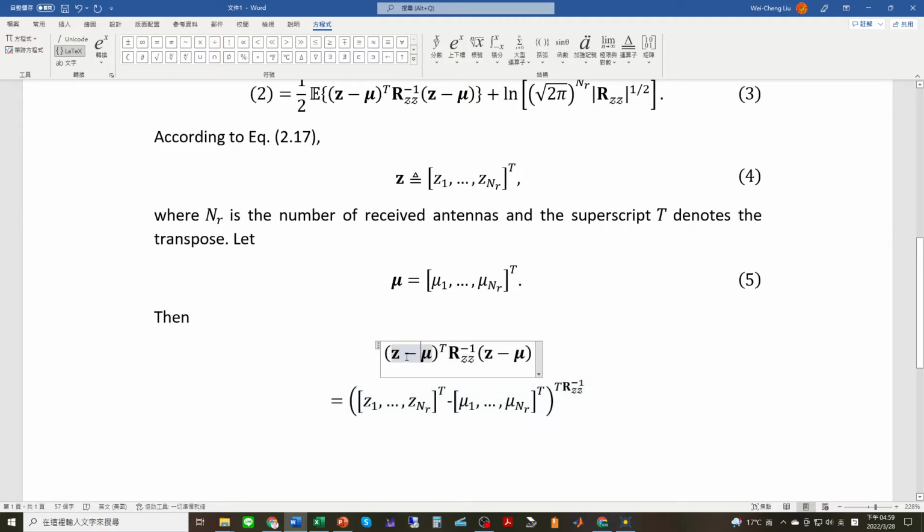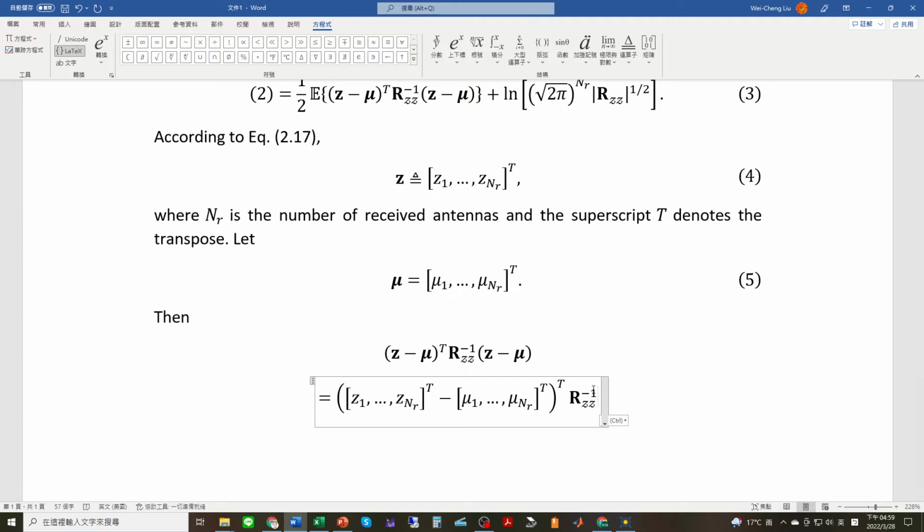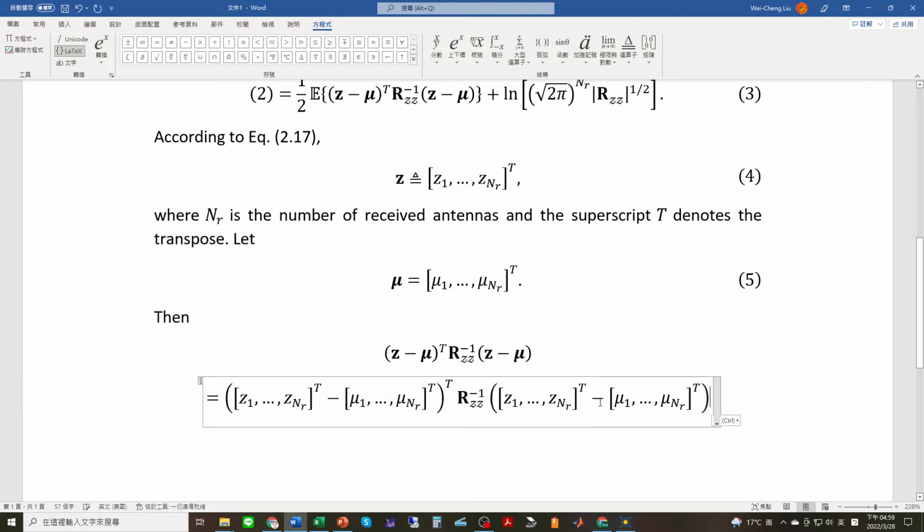I need to change this minus term to this, and move RZZ inverse down, and times this term, times z1 to znR transpose minus mu1 to mu nR transpose. This is equal to this.